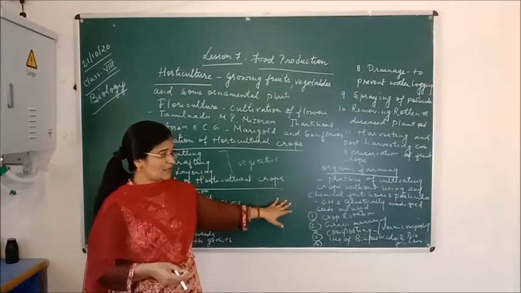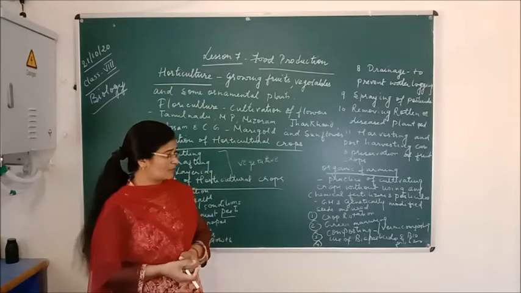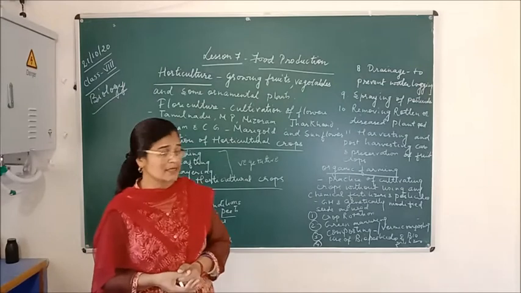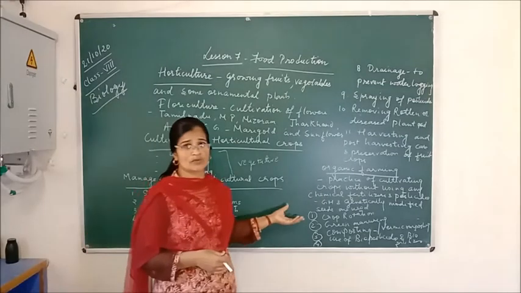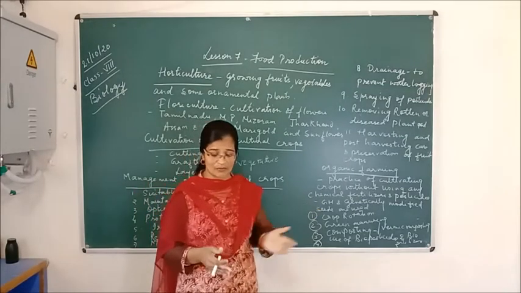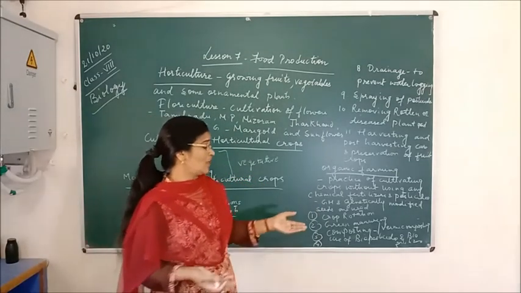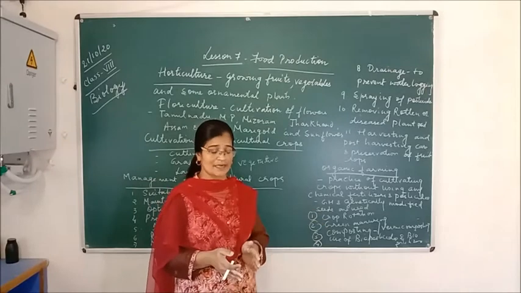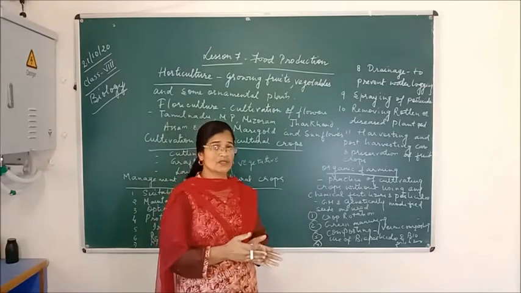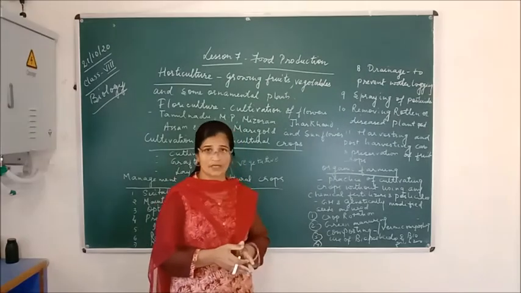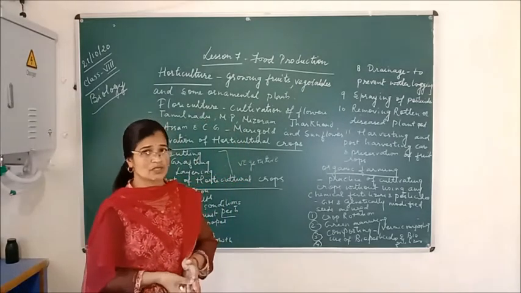And in organic farming also we do some process like crop rotation. Crop rotation is a method in which different types of crops are grown in the same field. Like in one season we grow leguminous crops, in other season we grow some cereal crops. So what happens at that time? When leguminous crops fix the atmospheric nitrogen by the rhizobium bacteria, they provide nitrogen to the soil.